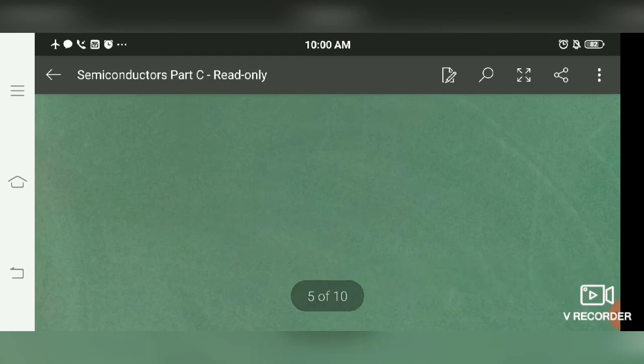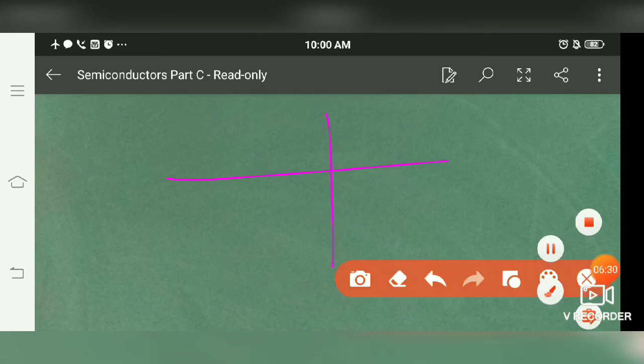And for the reverse, we have a graph like this. When we increase the voltage on the negative side, the current increases slowly in the starting, but after the breakdown voltage, the current increases abruptly.